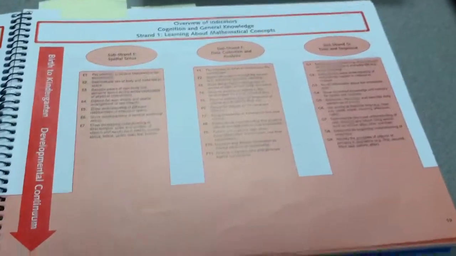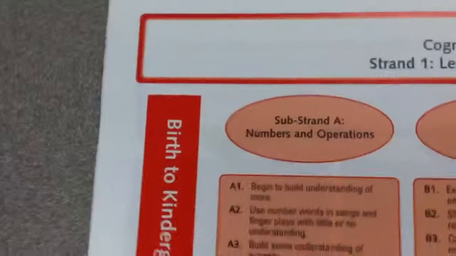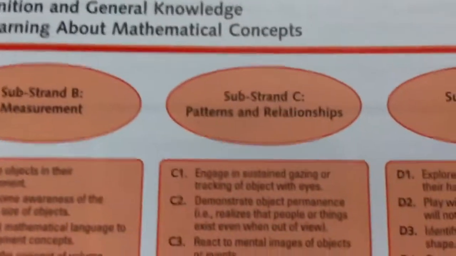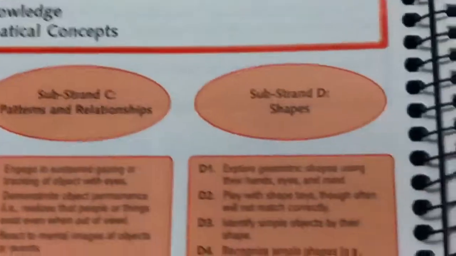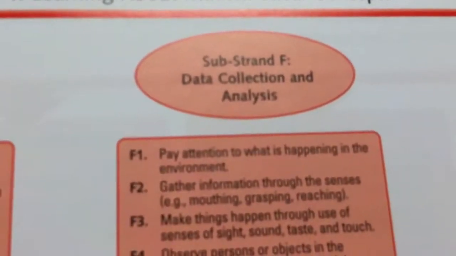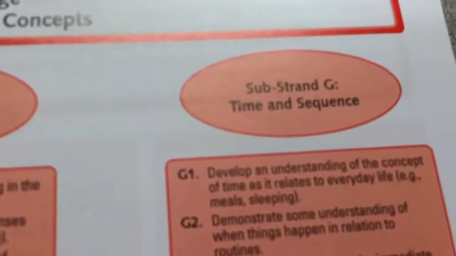We're going to go to page 20 and look at the overview. First we're looking at math, and as you can see, there are several different substrands. These are small components of math. They are numbers and operations, measurement, patterns and relationships, shapes, spatial sense, data collection and analysis, and finally time and sequence.